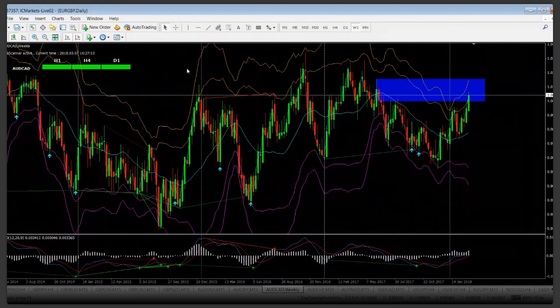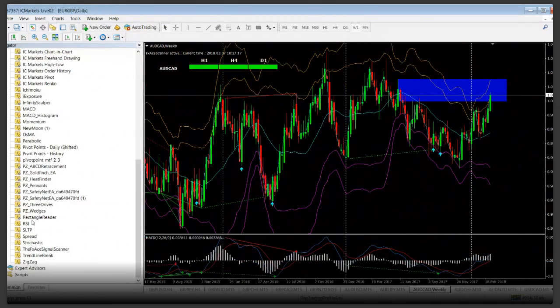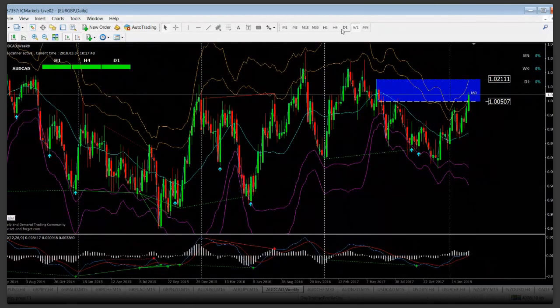And high into this weekly zone. Let's get on my rectangle reader. Okay, high into this zone on the Aussie CAD daily chart.